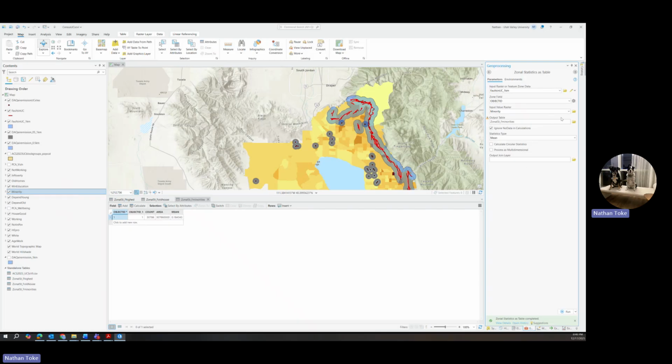Now we'll do two more. We'll go to looking at PCA vulnerability, and we'll call this fault vulnerability, because this PCA is supposed to be capturing a bunch of things, right?